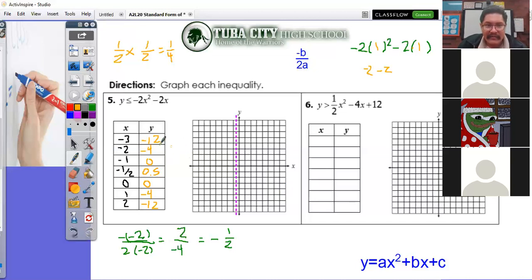Okay, let's go ahead and start graphing it now. So again, this is not going to be on the graph. So negative 2, negative 4, negative 1, 0. Actually, I miscalculated it from here. So it would be 1 more space over. And then negative 1/2, up half.